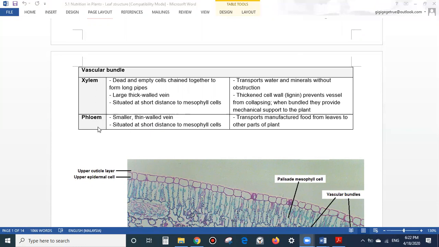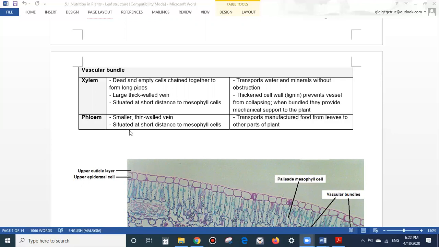Phloem is also like a pipe, but xylem is an empty pipe that contains only water inside. That's why it's dead. Phloem, however, is a pipe that contains things in it, the cytoplasm. Phloem is still alive, so it still has cytoplasm in it.